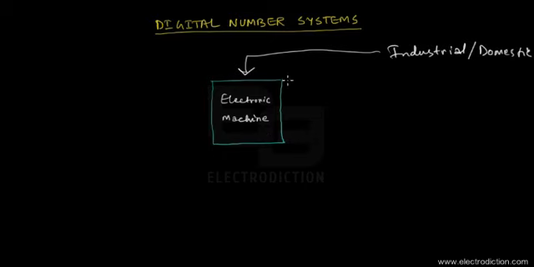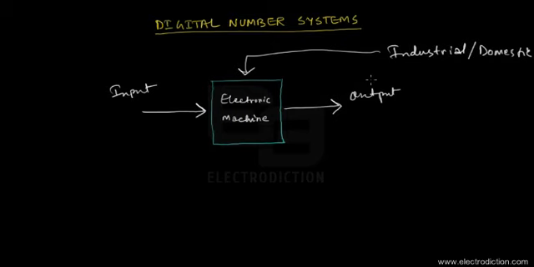Any machine, if you scale it down to the very base level, be it electronic or mechanical, let's take the example of an electronic machine since it's part of the electronics tutorial. Any electronic machine would require what we call an input, and depending upon the input condition, it will deliver an output.